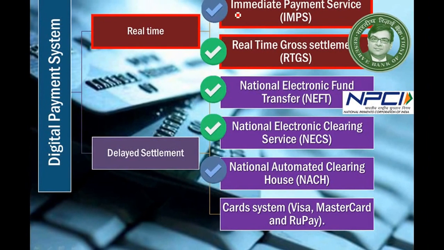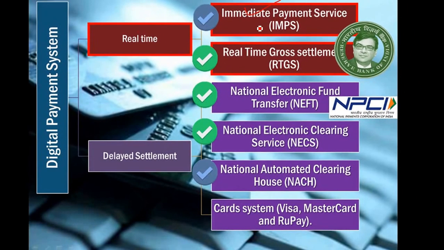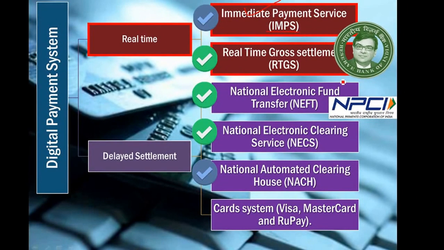Then the destination branch further distributes the fund and intimates the beneficiary. In this way the whole NACH system works. So, presentation settlement file and return settlement file.